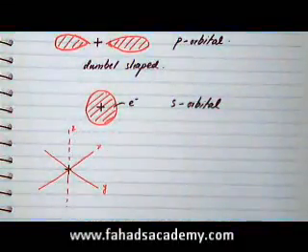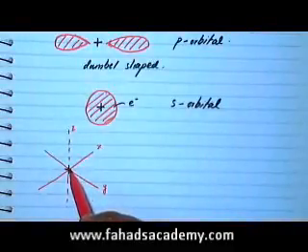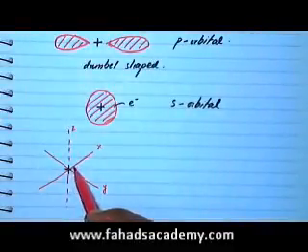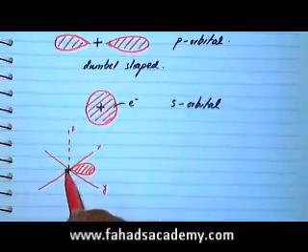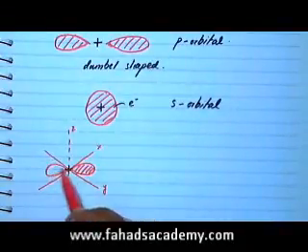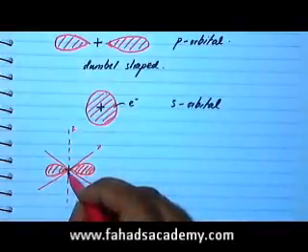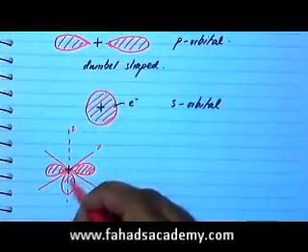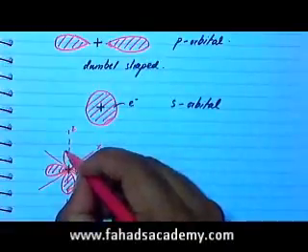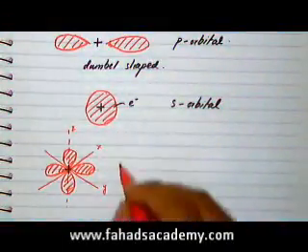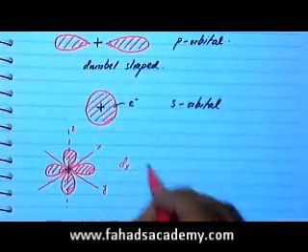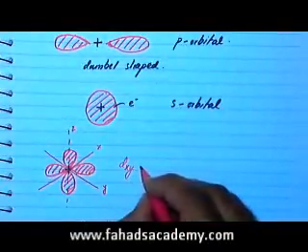A d orbital would look like this. This is the center of the nucleus. There's a region around here where you might find an electron, and another here, and another here. Similarly, there would be a region around here where you might find an electron. This is actually called the dxy orbital.